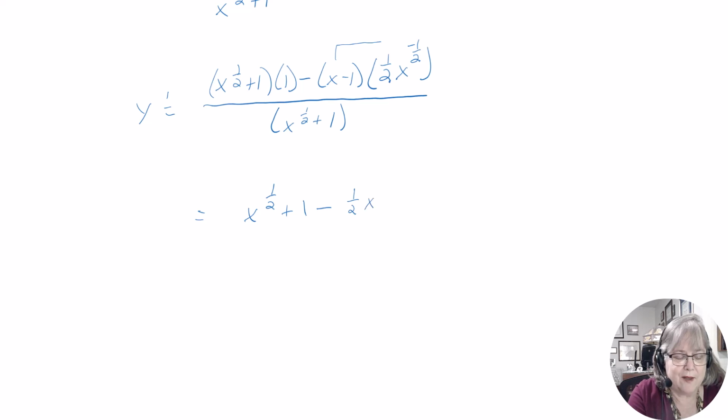You write the x down and add the powers, right? And then you have this minus times this minus 1 times this. So you have plus 1/2 x to the minus 1/2.